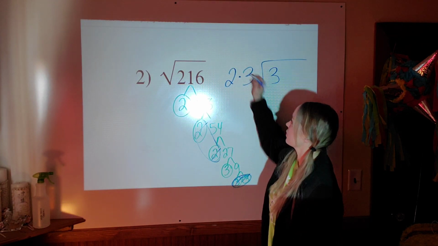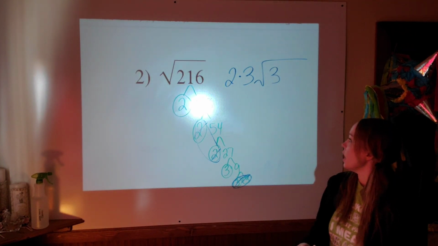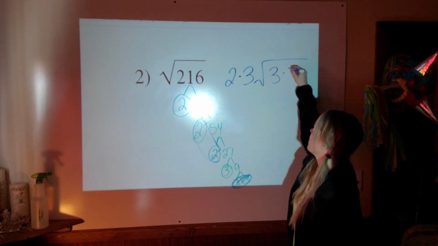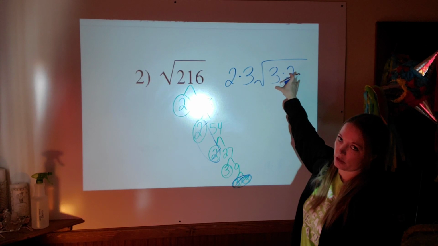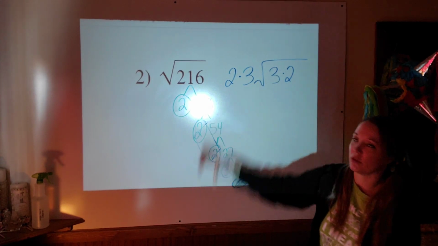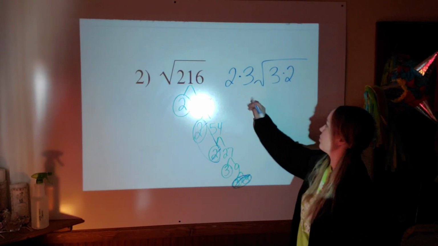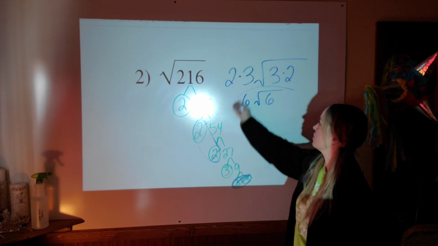And again, everything's multiplied, so when they get pulled out, they're also multiplied. And then I have this lonely 2 inside here, so it's going to join the 3. They don't get to come out because they're not a couple. They're not the same. If they were the same number, they could come out, but they're not, so they're going to stay inside. And then I'm going to simplify this down so I have 6 square root of 6.